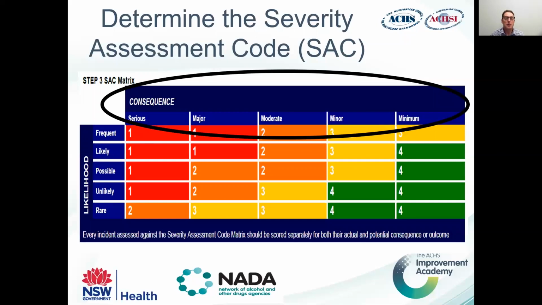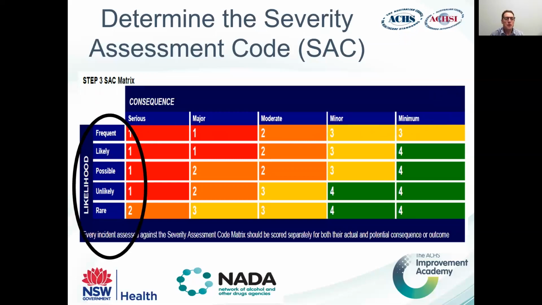And so the department and NADA are going through a consultation process for the sector to help develop definitions that are more relevant for the sector. Nevertheless, the category terms will be the same. So they will be serious, major, moderate, minor, and minimum. So that's the first step.